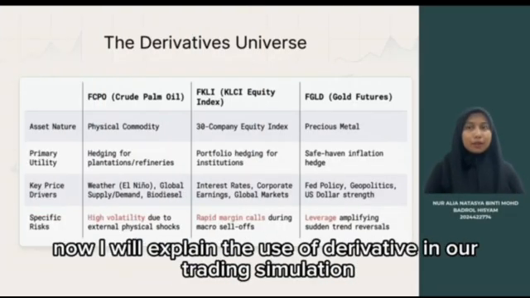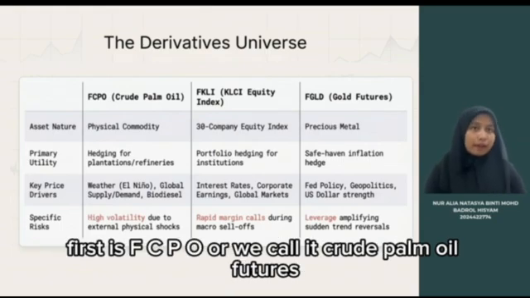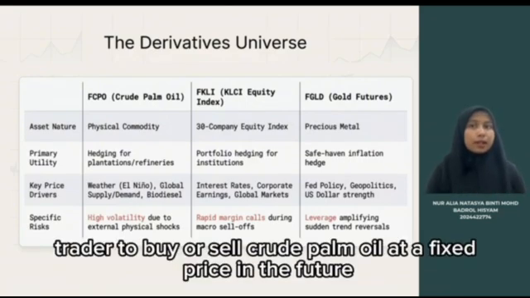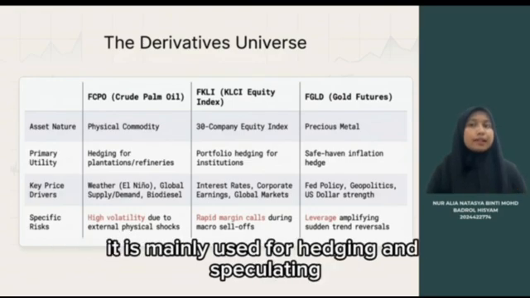Hello everyone, now I will explain the use of derivatives in our trading simulation. First is FCPO, or we call it crude palm oil futures. FCPO is a futures contract that allows traders to buy or sell crude palm oil at a fixed price in the future. It is mainly used for hedging and speculating.